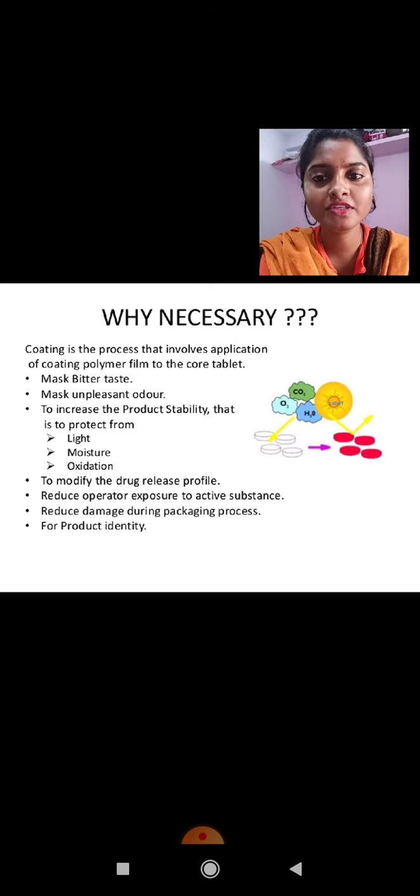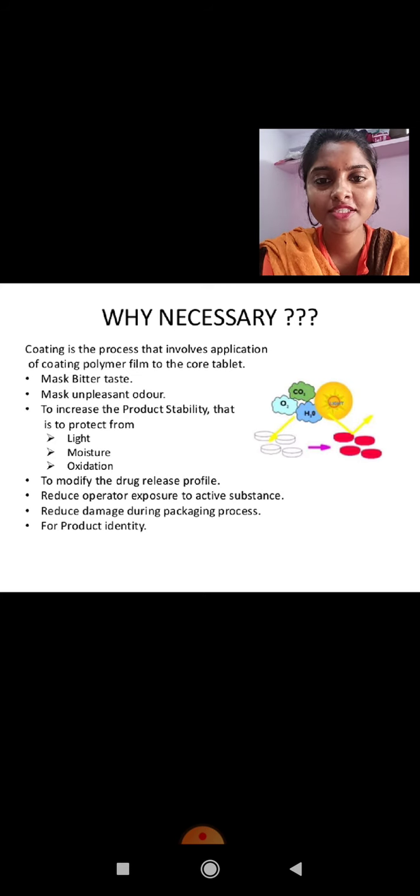Second, to mask unpleasant odor. For some drugs the odor is unpleasant, so we mix different flavoring agents with the coating solutions, and applying these coating solutions to the tablet core masks the unpleasant odor.